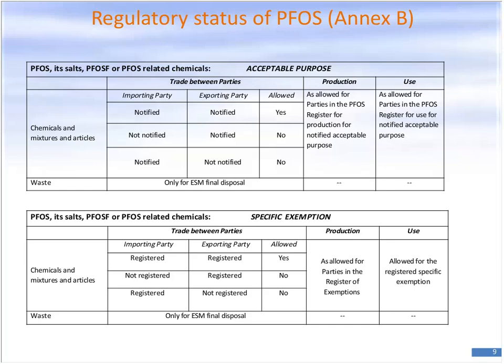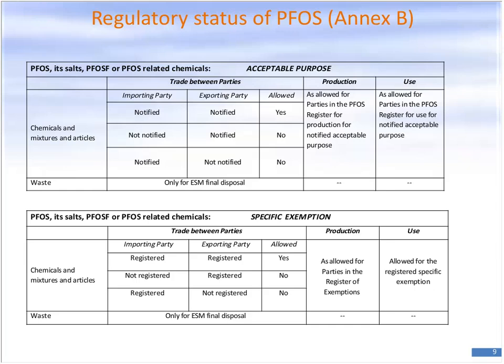And the difference between specific exemptions is that these exemptions are time limited for 5 years, and then they normally end. They can be extended for another 5 years. The acceptable purposes are also exemptions, but which are not in itself time limited. They are reviewed every 4 years by the parties of the Stockholm Convention and may be ended.